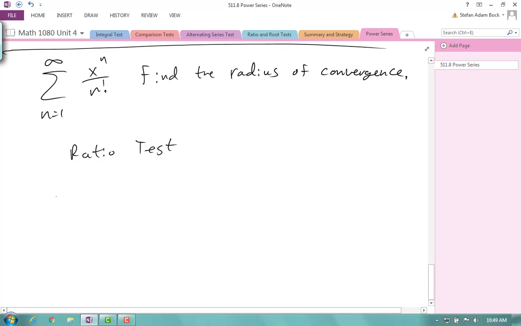Let's see, I'll have the limit as n goes to infinity, absolute value. I'm supposed to use x to the n plus 1 over n plus 1 factorial divided by x to the n over n factorial.